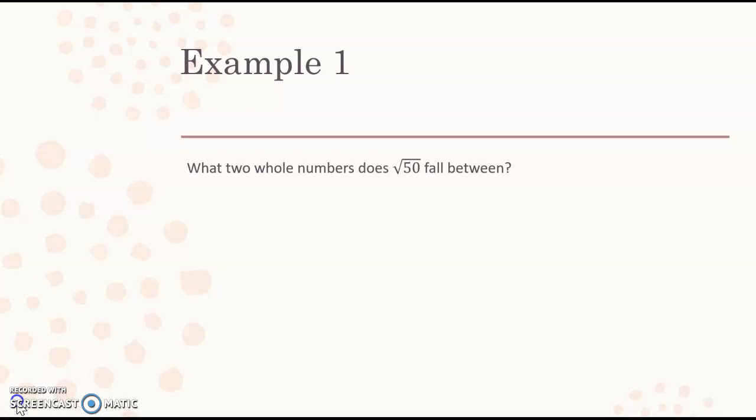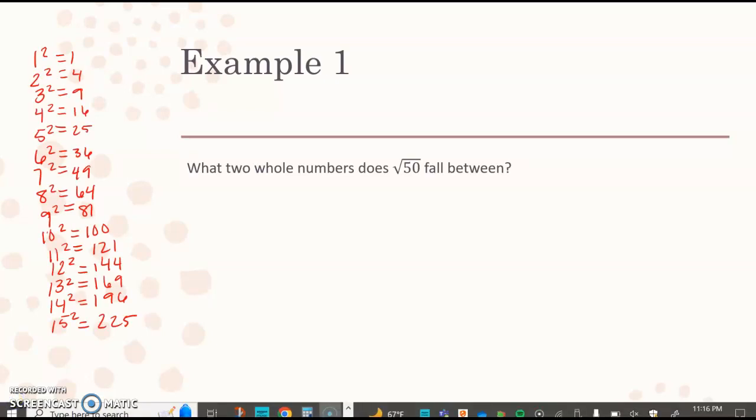It's a good habit to get into, just writing down that list. So I'm going to pause, write down that list, and then it's going to appear like magic. Poof, and they appear. All right, so we want these lists of perfect squares because that's what's going to help us answer our questions.